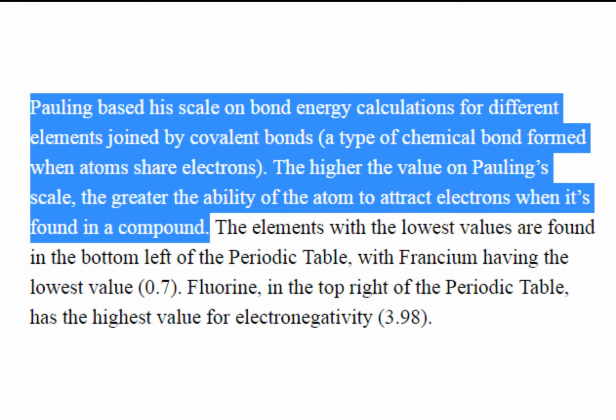Based on this website, Pauling based his scale on bond energy calculations for different elements joined by covalent bonds, a type of chemical bond formed when atoms share electrons. The higher the value on Pauling's scale, the greater the strength of the atom to attract electrons.